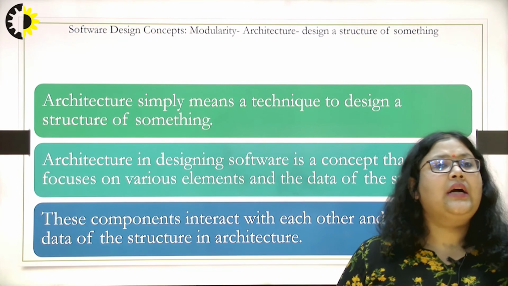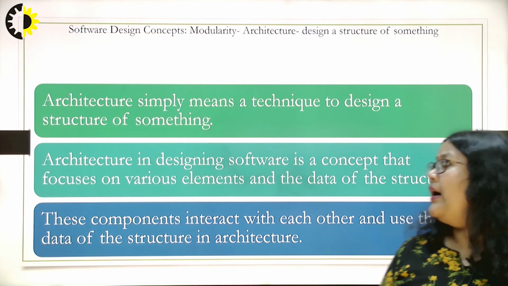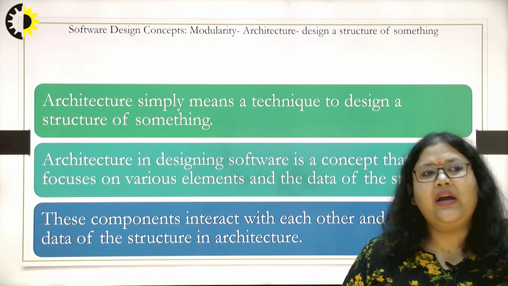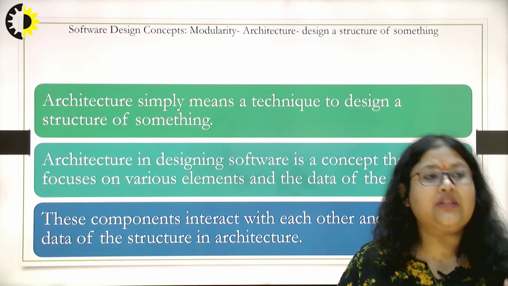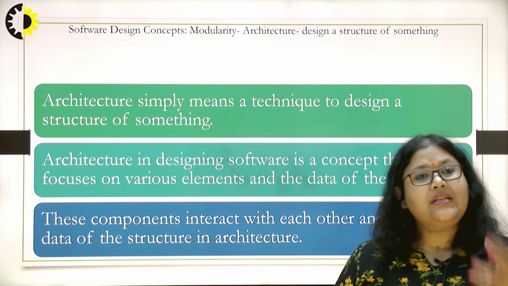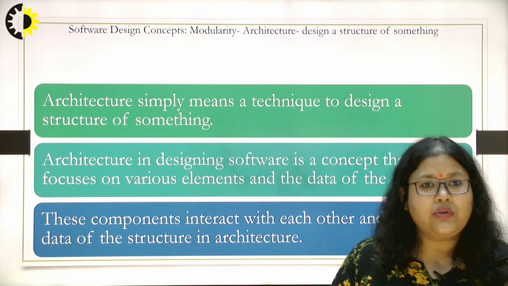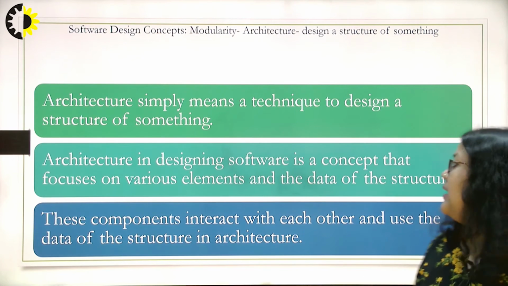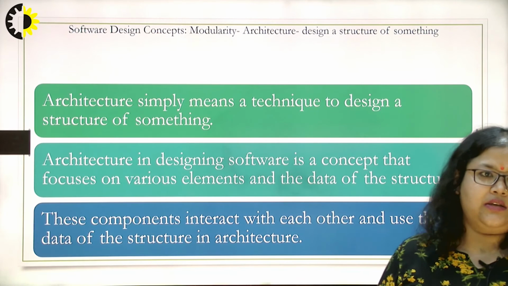Now, the third is architecture. What is architecture basically? Architecture means something we have to design in a structured way. The concept that we use for defining or focusing on the various elements and data of the structure.